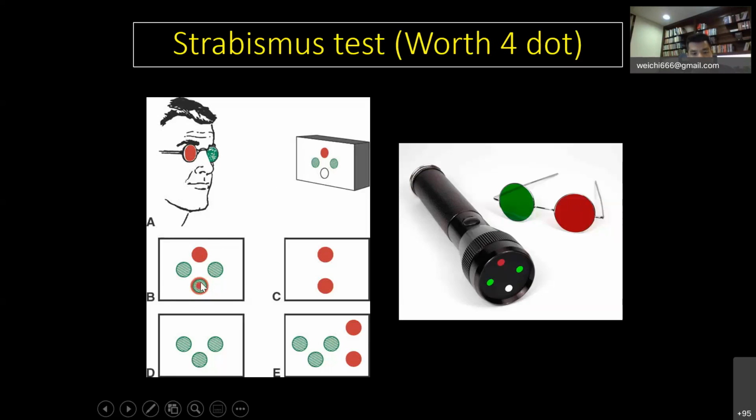But because green and red cancel each other, he would report to you he sees four dots: 2 green dots, one red dot, and this was blank, like a white. Okay, so with this test, you could have a very gross assessment of a patient's eye condition as well. Okay, any question?